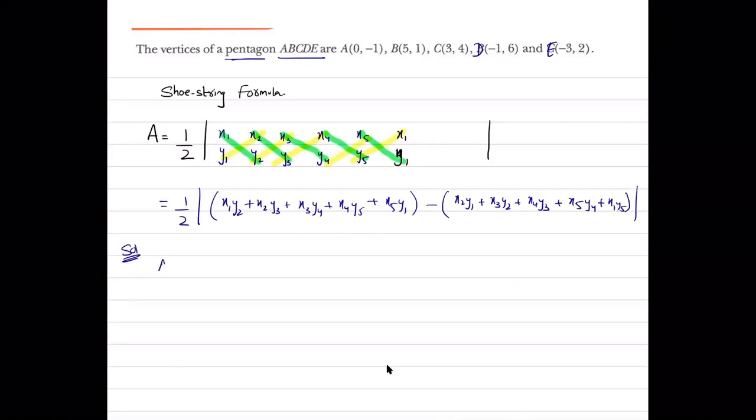So with reference to this question, 0 minus 1, 5 1, 3 4, minus 1 6, minus 3 2, and then we are going to repeat the first one again.